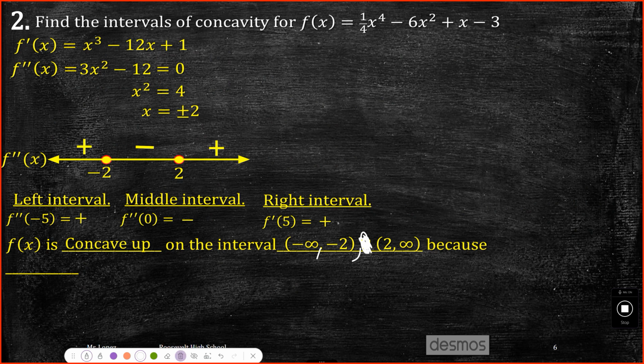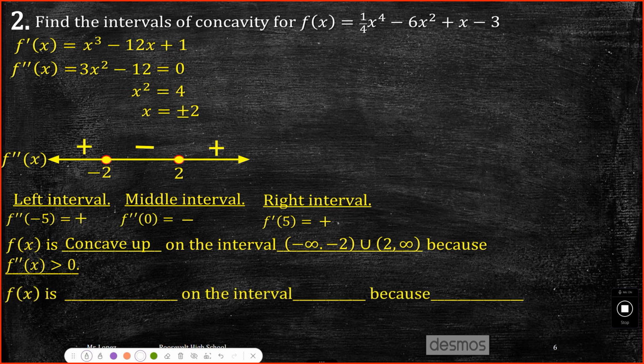Union is fine, because f double prime of x is greater than 0. F of x is concave down on the interval negative 2 to 2, not including the endpoints, because f double prime of x is less than 0. All right.